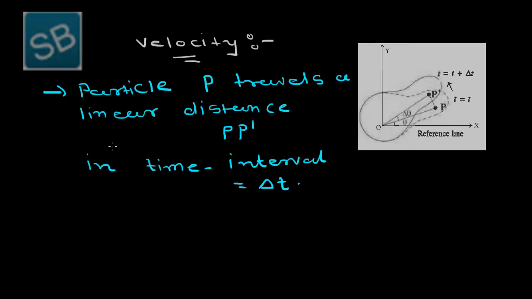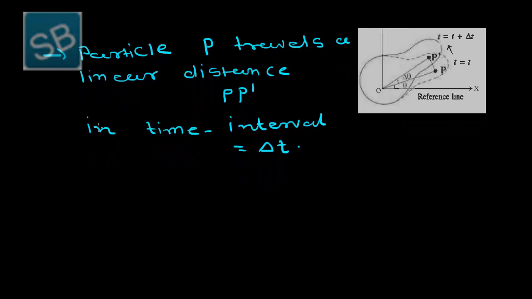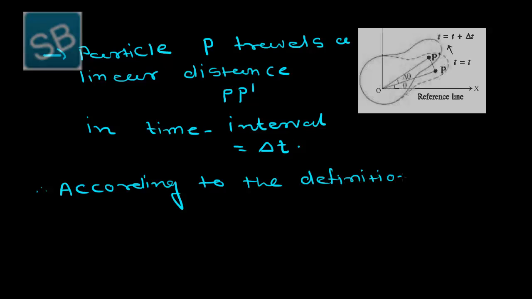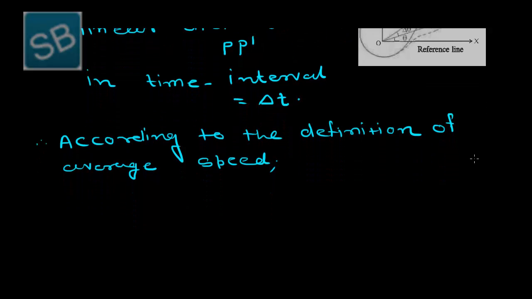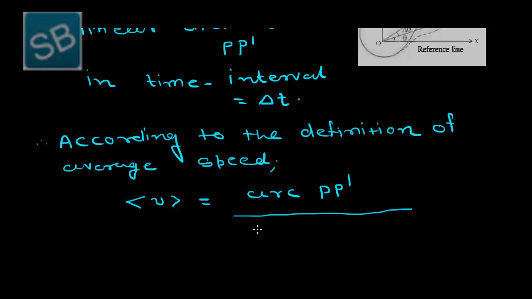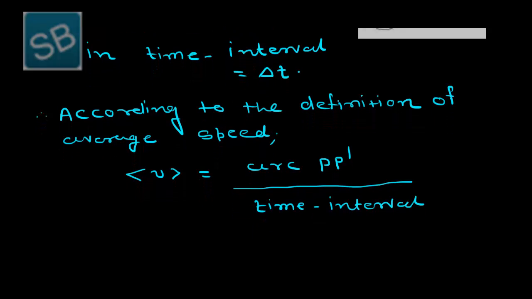Also, if you remember the definition of average speed, we can now consider v bar is equal to the arc PP dash, that is the linear distance, divided by the time interval, and here the time interval is delta t.